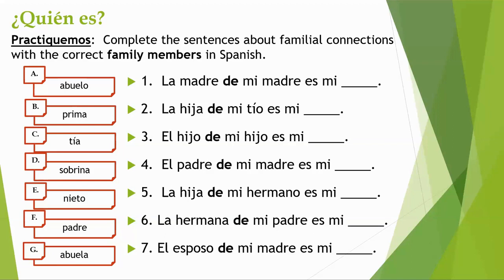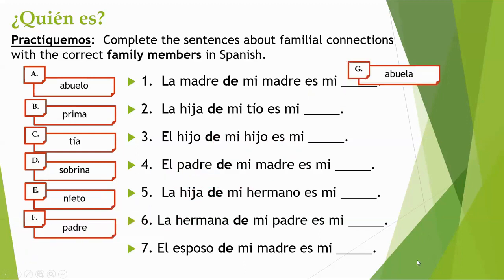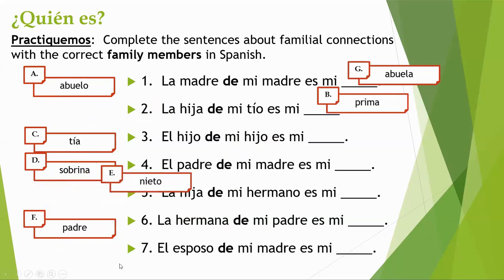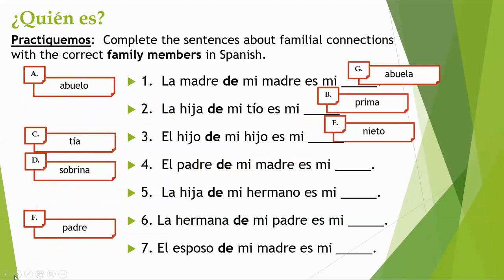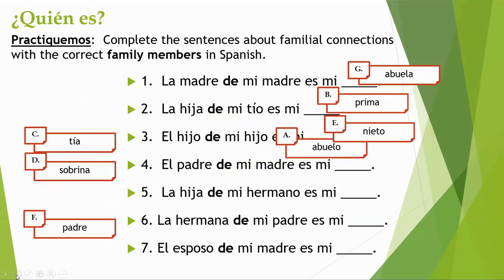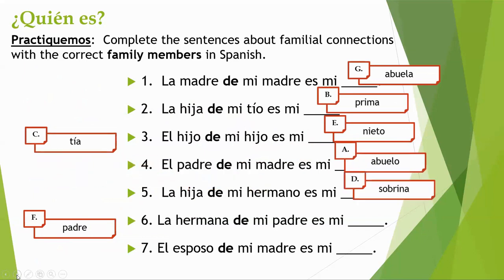No, ma'am. Okay. All right. Let's continue. Vamos a continuar. Okay, we don't need to do all of that. We already know that. Let's go to the next slide. We've already done the responses.